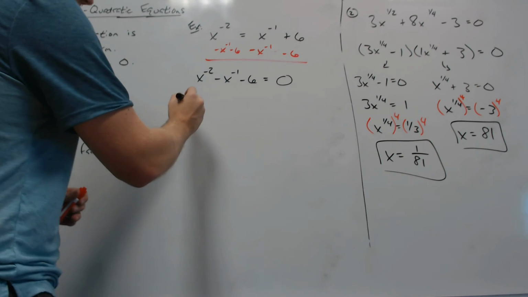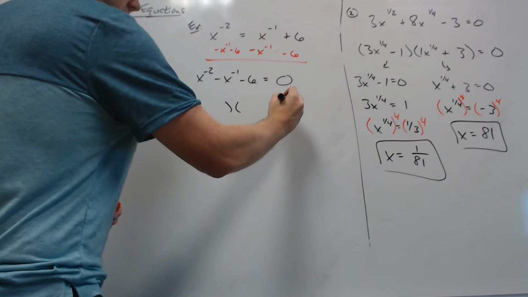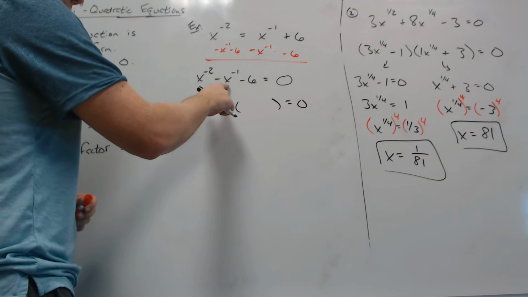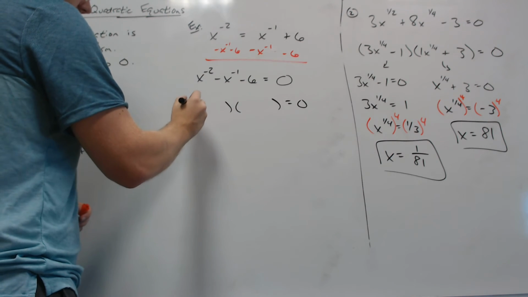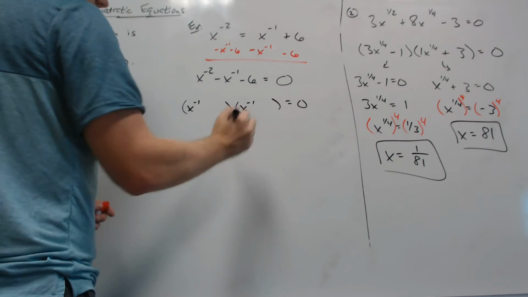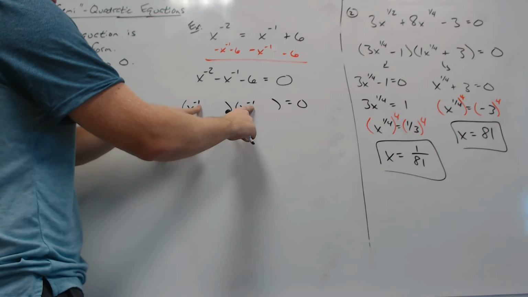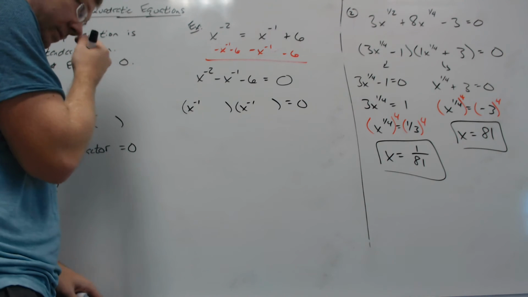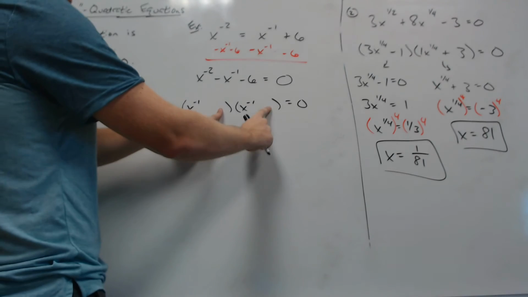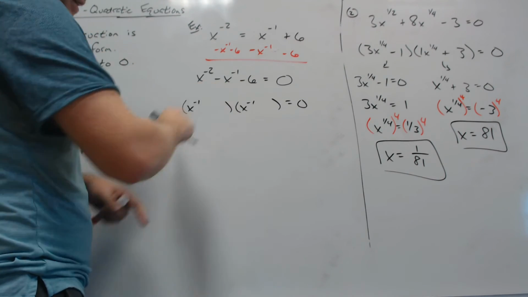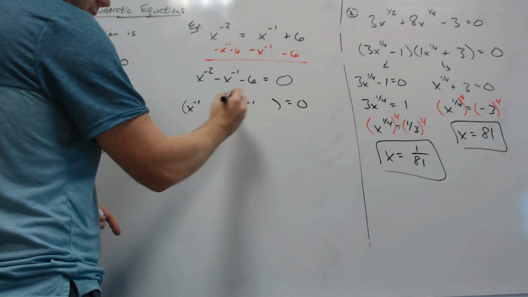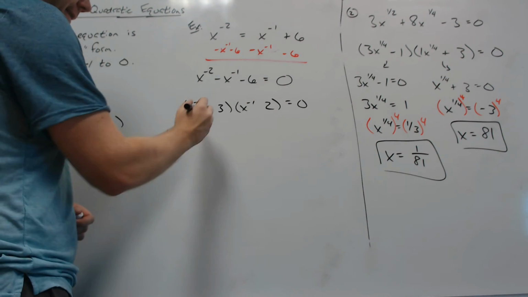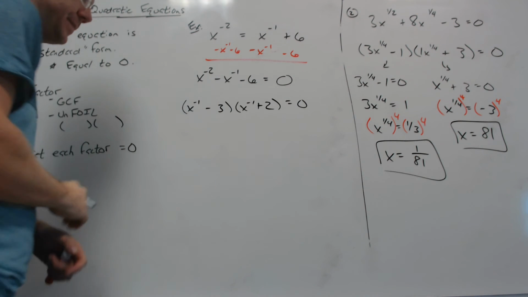Okay. I'm going to factor it normally. Again, using this middle power, x to the negative first, x to the negative first, because when I multiply these two together, add the powers, I get negative 2. Factors of 6 that combine to get 1. That should be 3 and 2. Minus 3 plus 2.